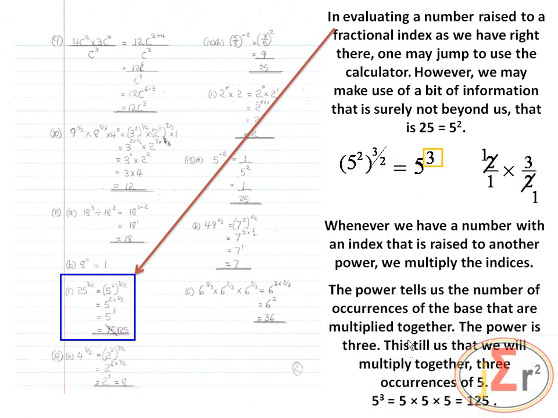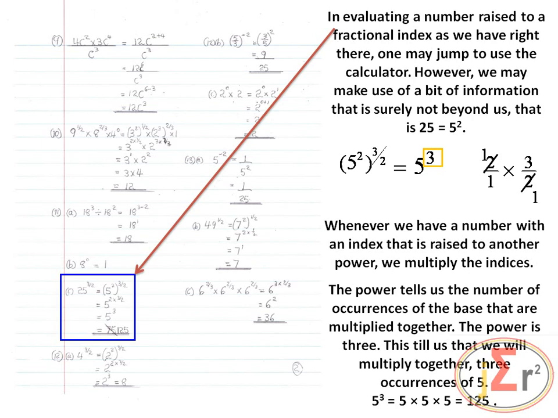The power tells us the number of occurrences of the base that are multiplied together. The power is 3. This tells us that we will multiply together 3 occurrences of 5. So that is what 5 to the power of 3 means.